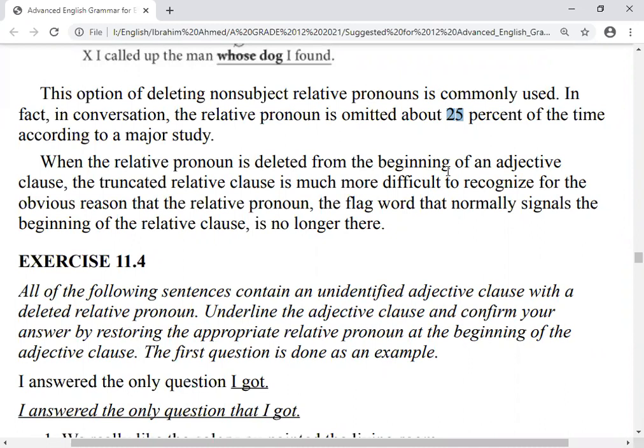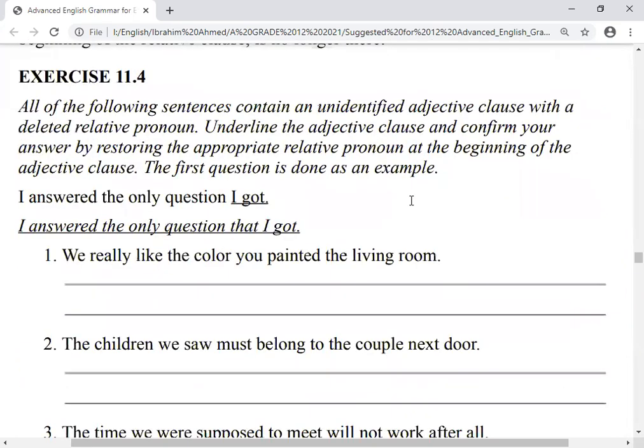The deleted relative clause is difficult to recognize for the obvious reason that the relative pronoun is the flag word from which we know that this is an adjective clause, right?